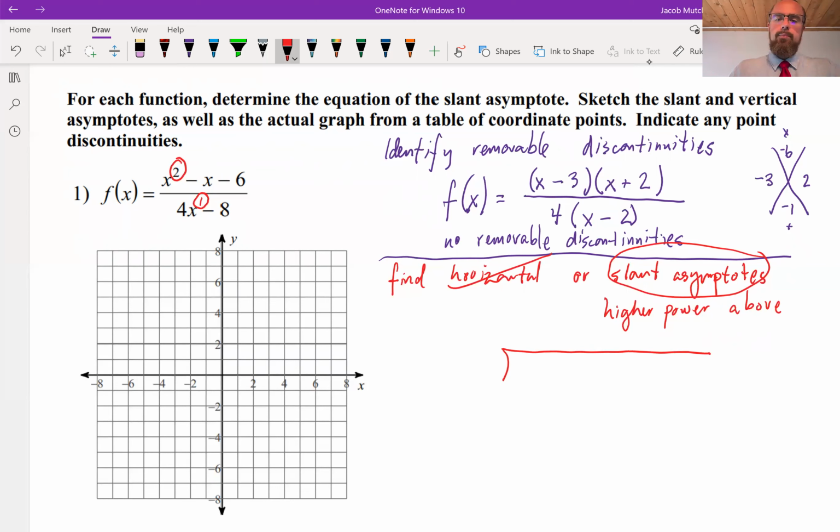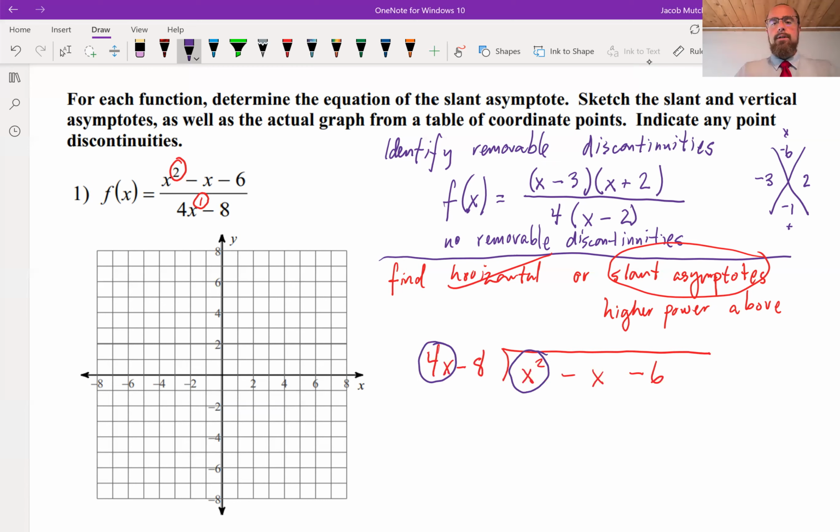So I'm going to put x squared minus x minus 6 there in the dividend, and then the divisor is going to be my denominator. I'm going to put 4x minus 8 over there on the left. With polynomial division, what's very important is to know what to focus on, because there are a lot of terms here in my two polynomials. But basically, I'm really starting with just the first terms of each.